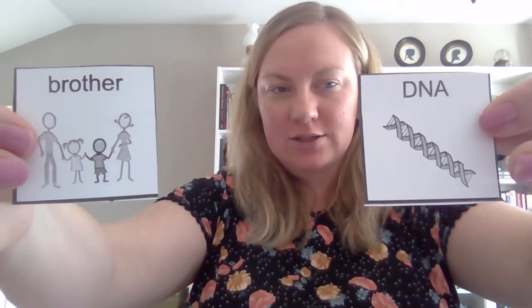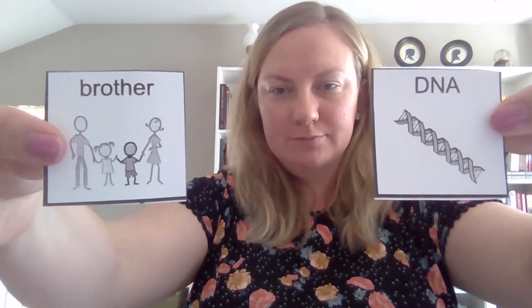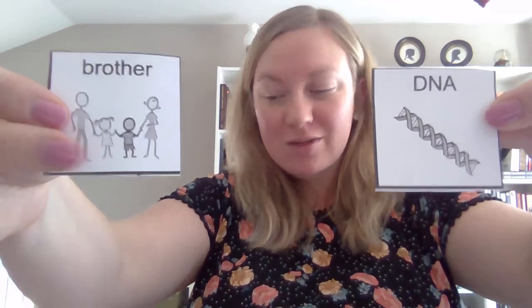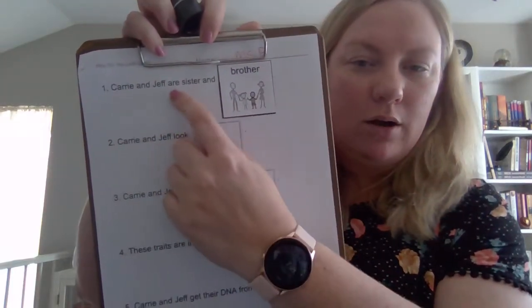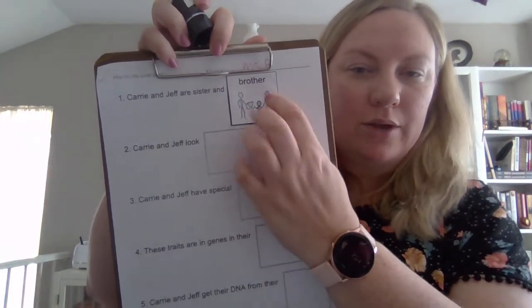Carrie and Jeff are sister and DNA? You're right, brother. Carrie and Jeff are sister and brother. Okay, I'm going to use my glue stick. Take the cap off. Remember, dot, dot, not a lot. We don't need to go crazy with the glue.